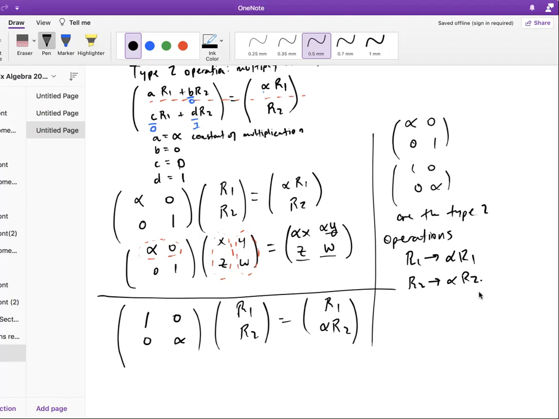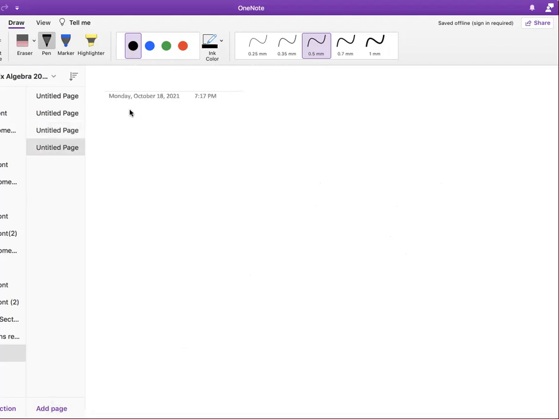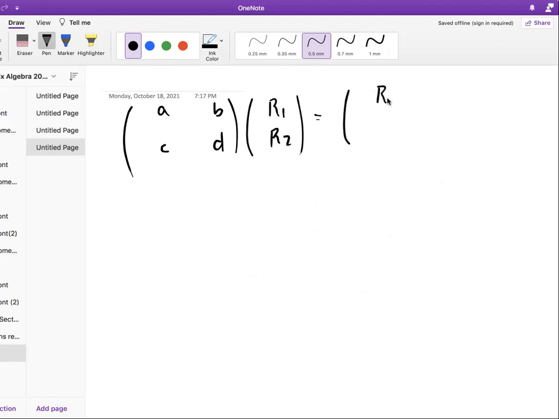All right, so now let's do type 3. We used type 3 a lot in Gaussian elimination. So this is when you added a multiple of another row.